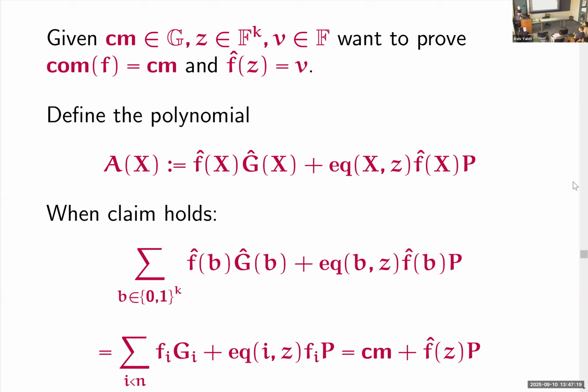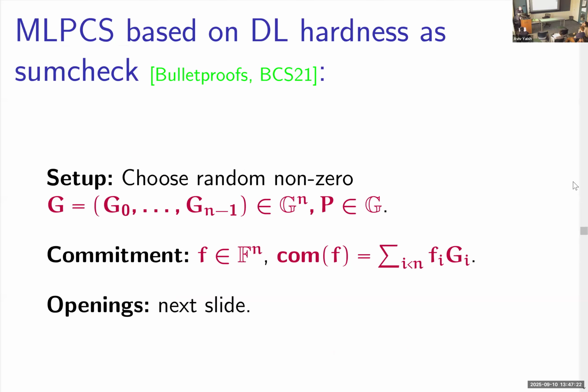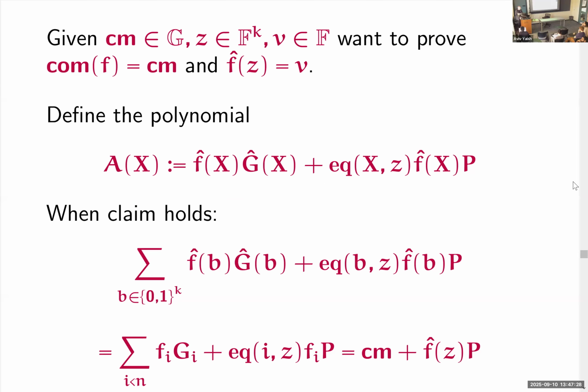Can I repeat what P is again? P is simply a random group element we chose in the setup. Otherwise it breaks the discrete log assumption.